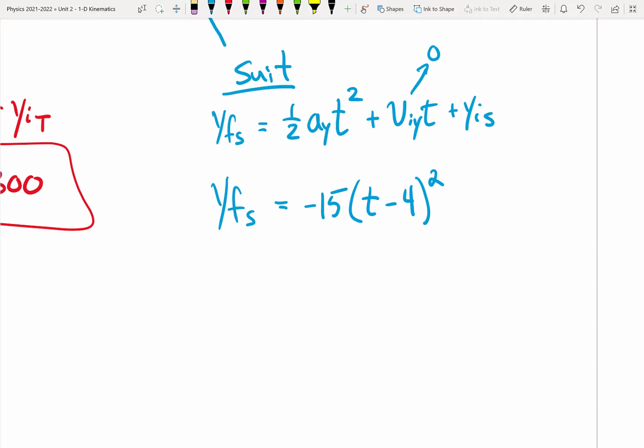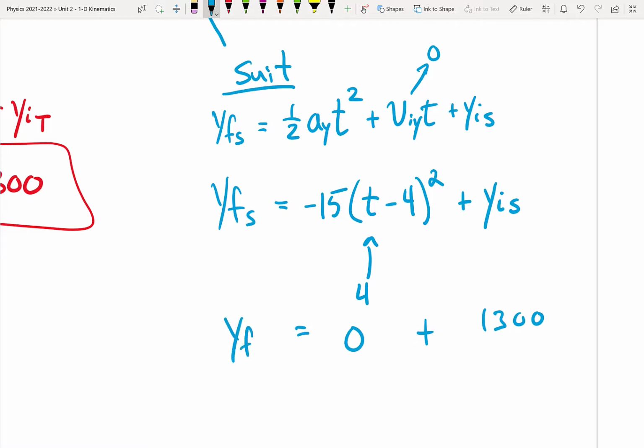It would tell me something else. Let's put in our last thing, which is the y initial position of the suit. If I put in t is 4 seconds for that, then I would get 0. This would be 0 plus the 1,300. And that would give me the correct position of the suit.